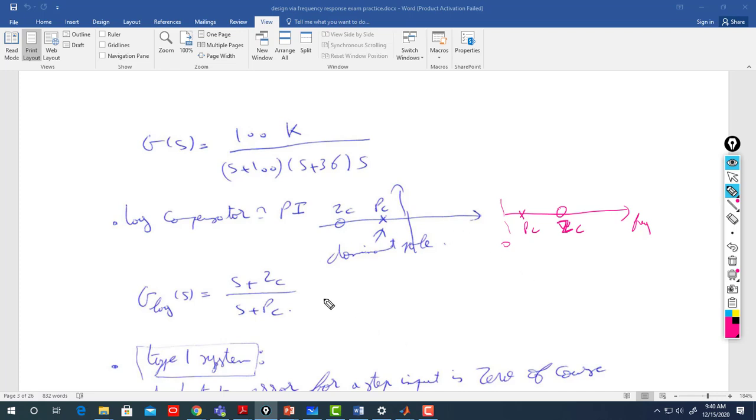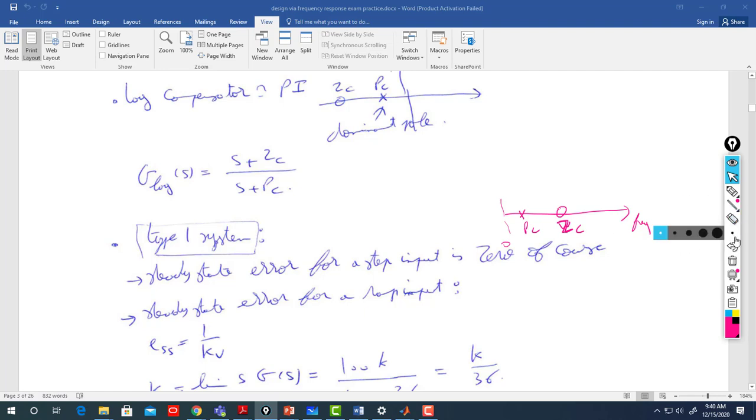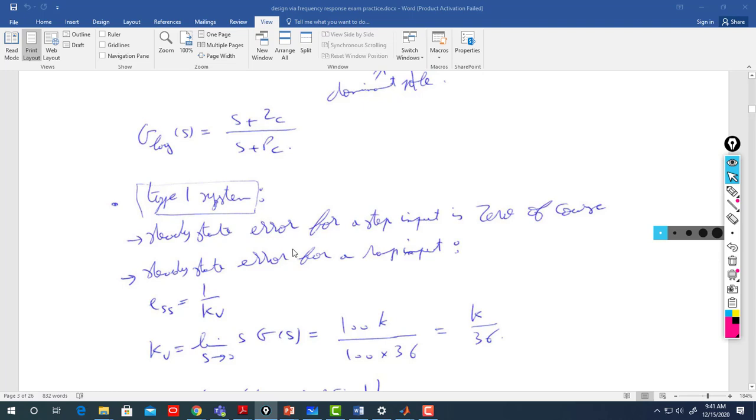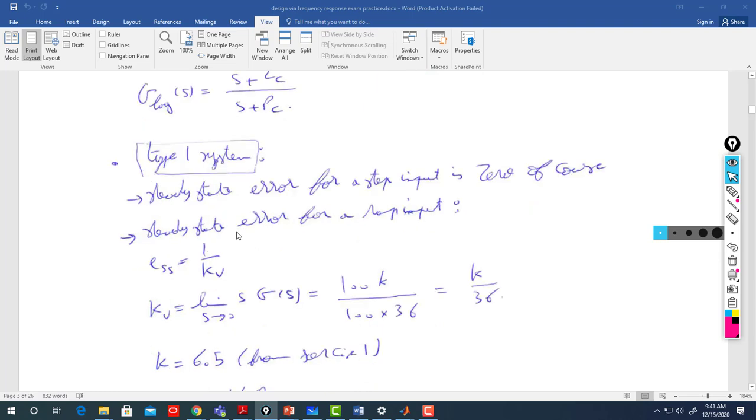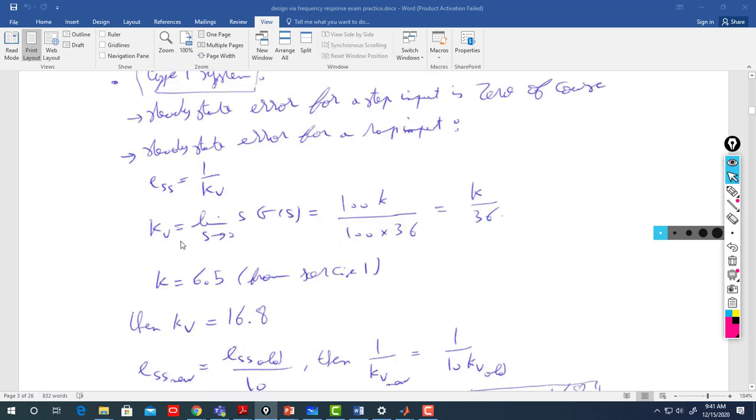So, the form is still the same, S plus Z over S plus P. So you need to find a relation between Z and P, then assume P, you get Z, and so on. Alright, so it's a system of type 1, as we said. So we can find KV.